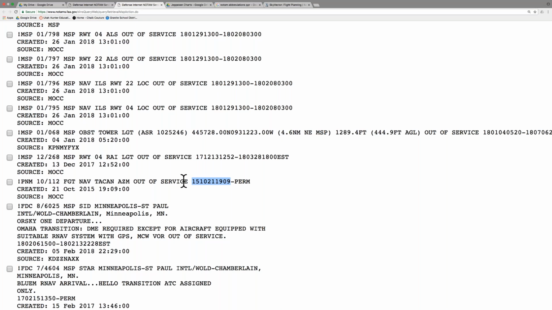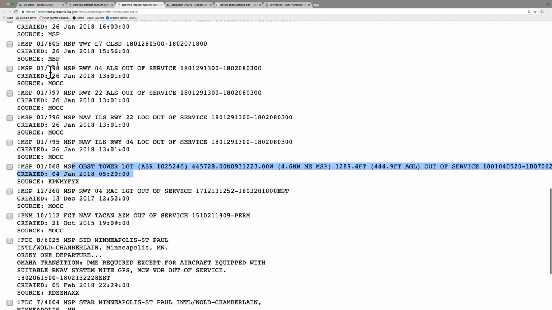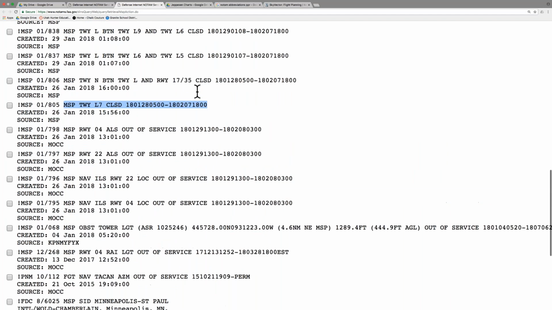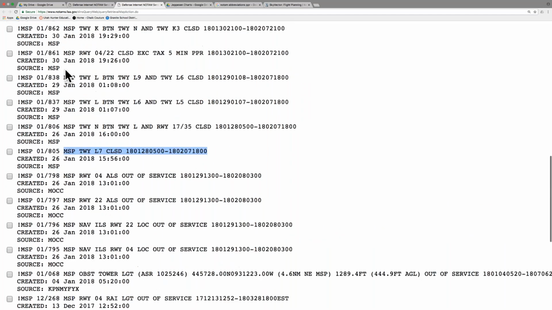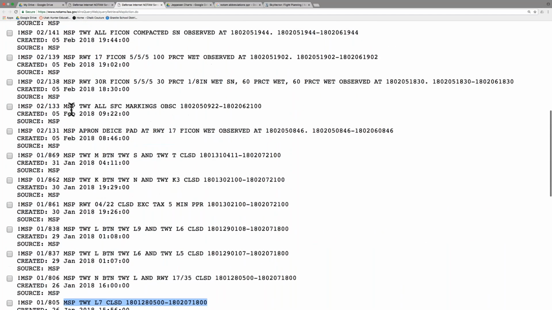So like we said before, that's on the pilots to make sure that they're not flying into towers, they're not using closed taxiways. They're abiding by all these NOTAMs.